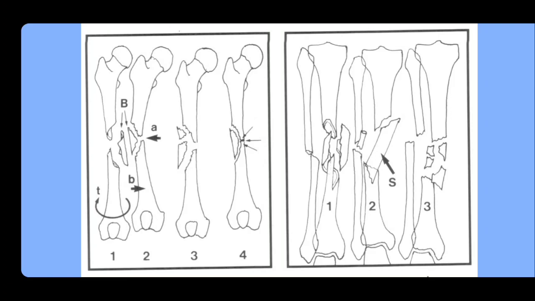Multifragmentary fracture is another type of fracture when the bone is crushed into more than two fragments. Sometimes there are many small fragments, sometimes there is one big fragment lying between two main bone fragments. For this type of fracture, usually we have contact between two main fragments, distal and proximal.